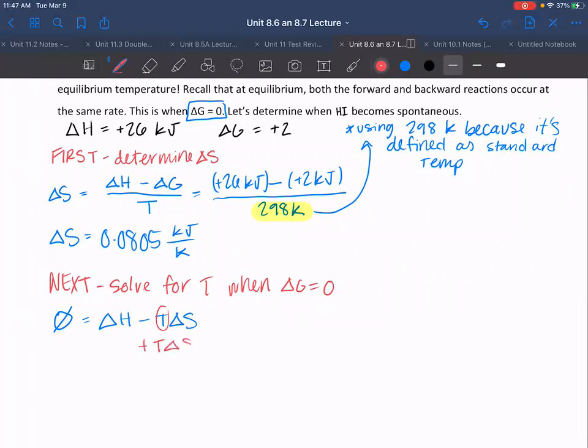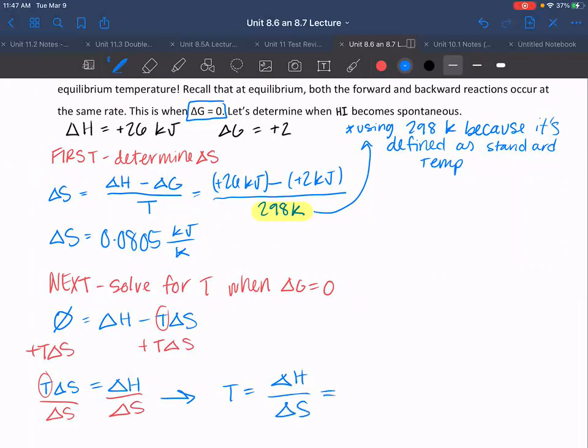We're going to add it to the other side. That gives us T delta S is equal to delta H. And now we're just going to divide both things by delta S, giving us that T is equal to delta H divided by delta S.